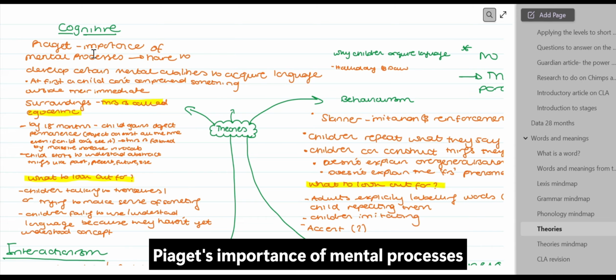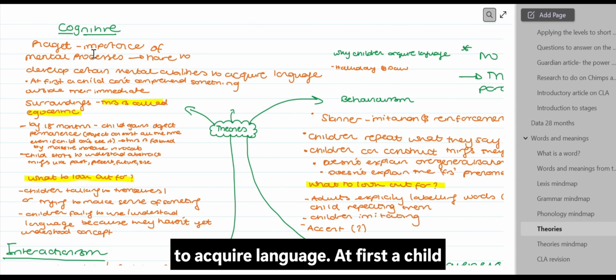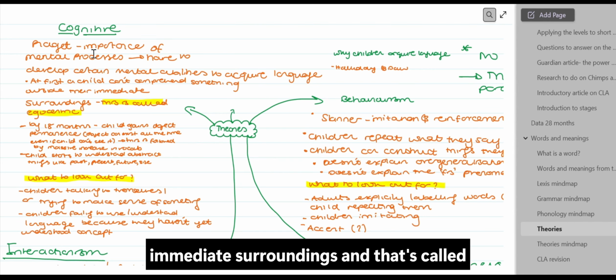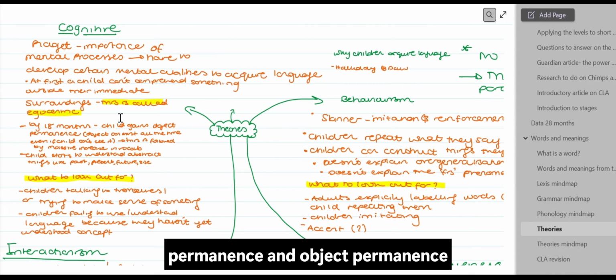So Piaget's importance of mental processes, where Piaget says that children have to develop certain mental abilities to acquire language. At first, a child can't comprehend something outside their immediate surroundings, and that's called egocentric. However, by 18 months, a child will gain object permanence.